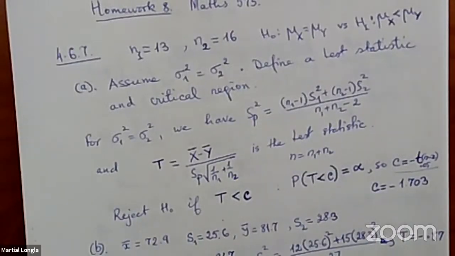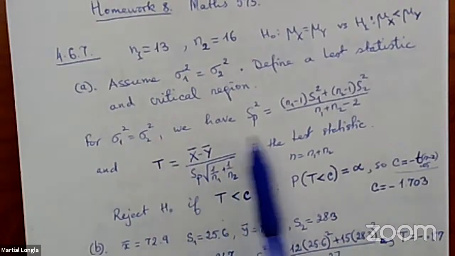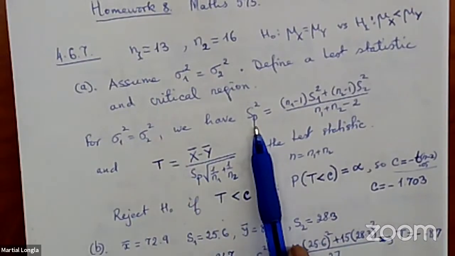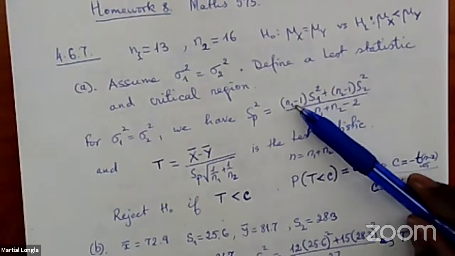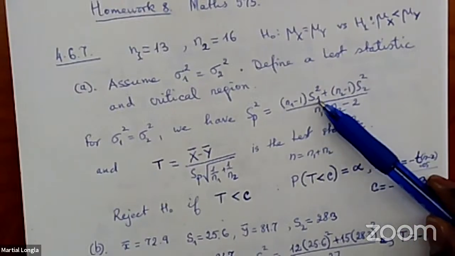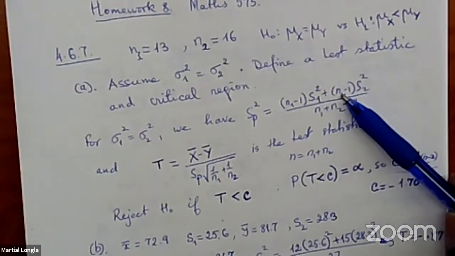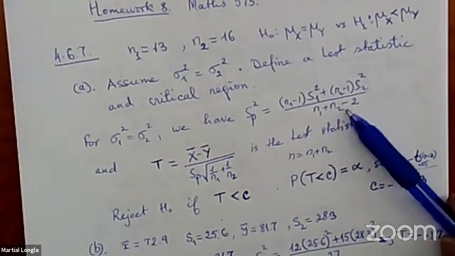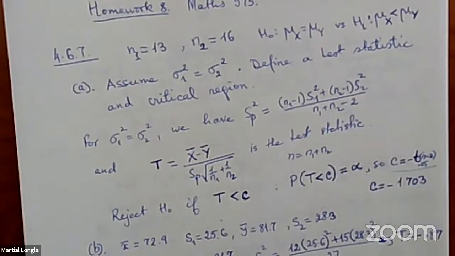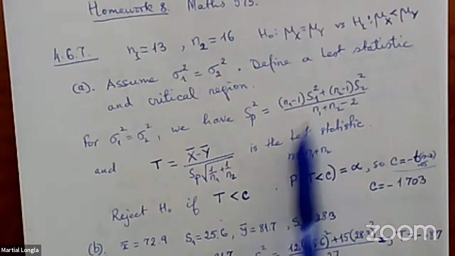So you combine the samples to find the pooled variance, which is obtained by the formula n1 minus 1 s1 squared plus n2 minus 1 s2 squared over n1 plus n2 minus 2. And you form your test statistic, therefore, using that SP in place of sigma.